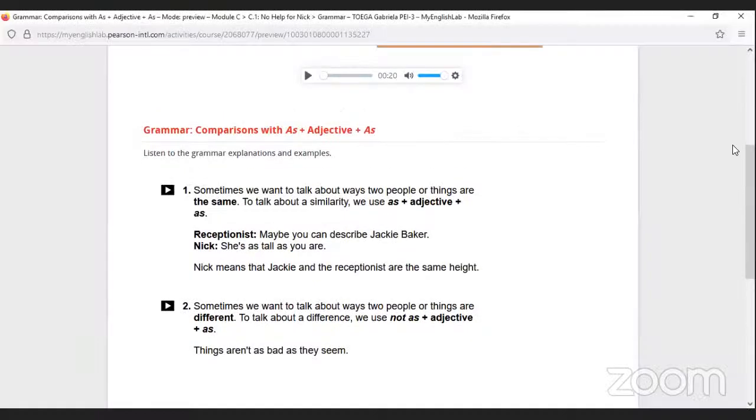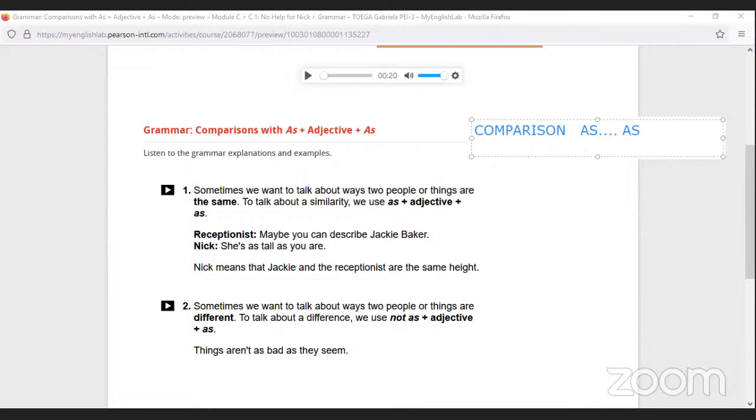Okay, so when we use this grammar, comparison with as and as, we have two as, right? And we have the meanings for both.